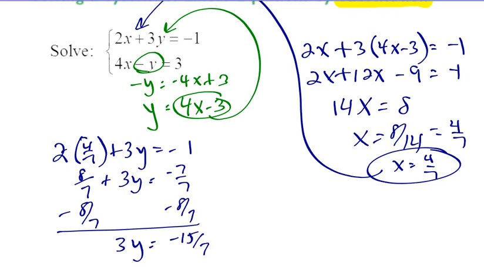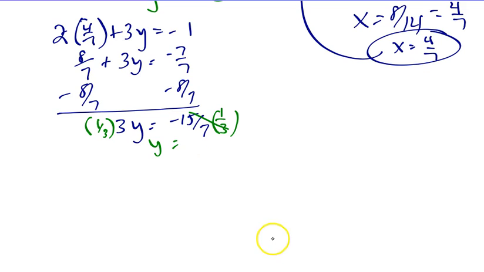And then if I multiply both sides by 1/3 and cancel, I'll get y is equal to -5/7.